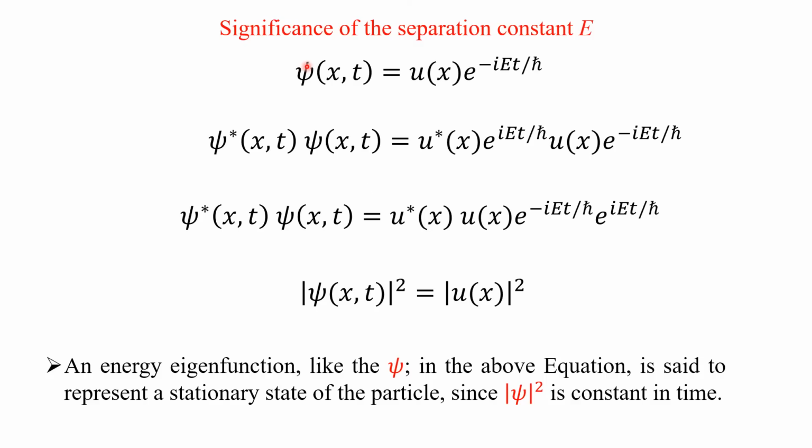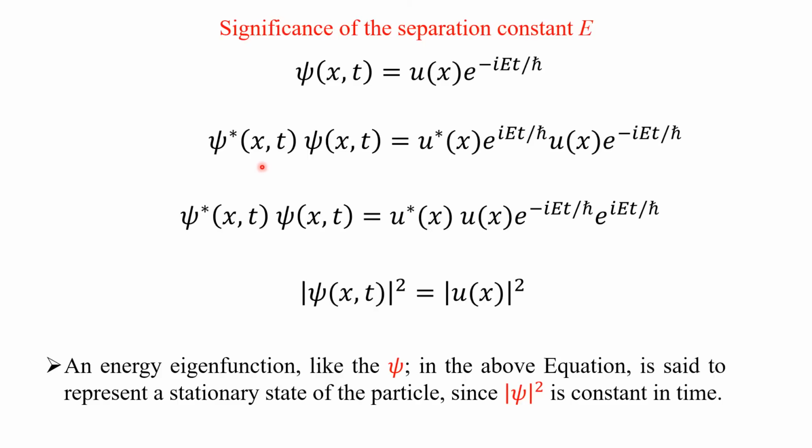Now we will see the significance of the separation constant E. We have separated this psi of x and t into the x component separately as u of x, where u is the wave function with respect to the x component alone. This exponential term contains the time factor.